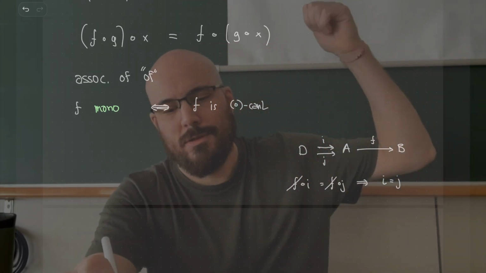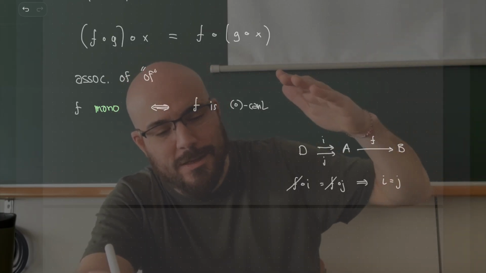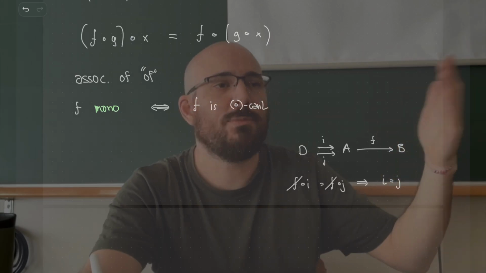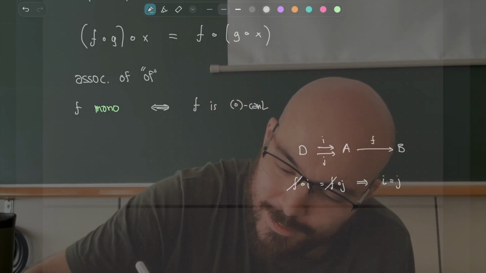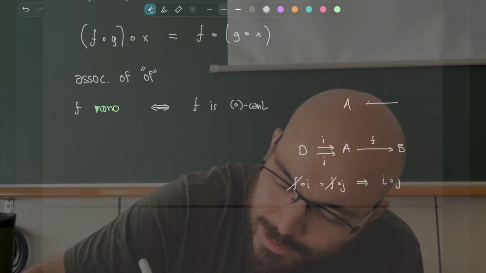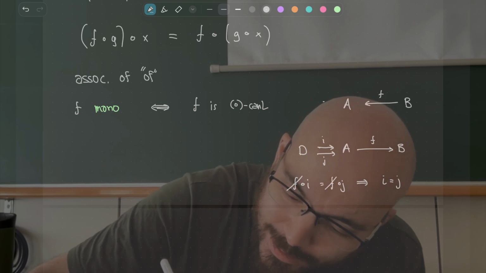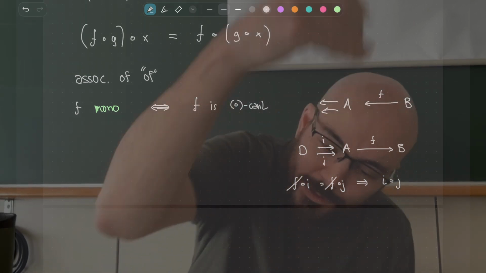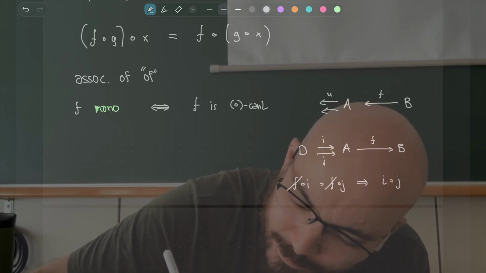Good news, I gain a corresponding concept for free just by dualizing everything. So if I dualize everything, it means that the diagram will look like that. Now my f is like this, and now I have two ways to continue after f. Let's call them, I don't know, u and v.